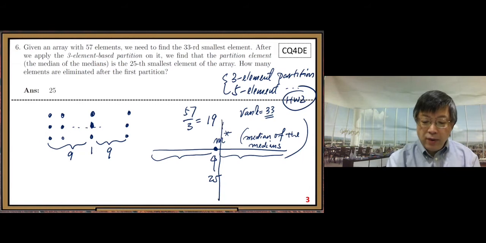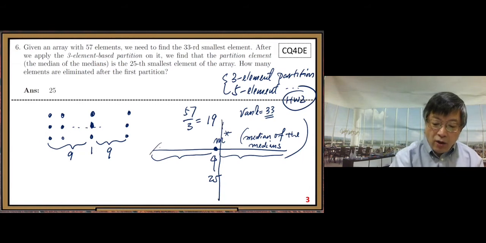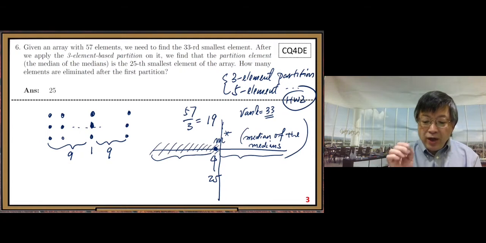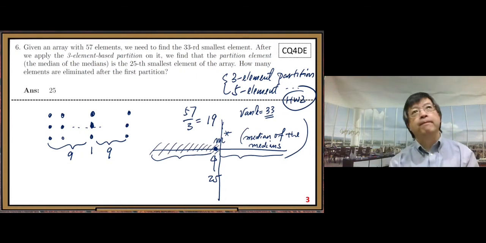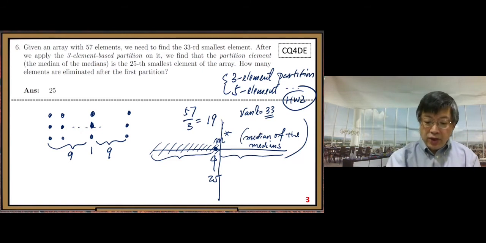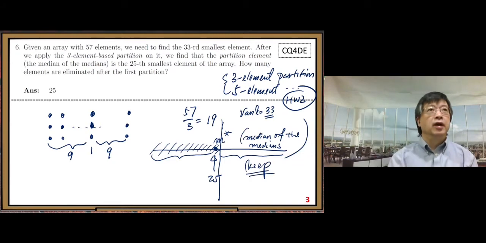When we drop, we should drop all the left subarray part, including the partition element M star. After one comparison, we should drop that. So we keep the right subarray.